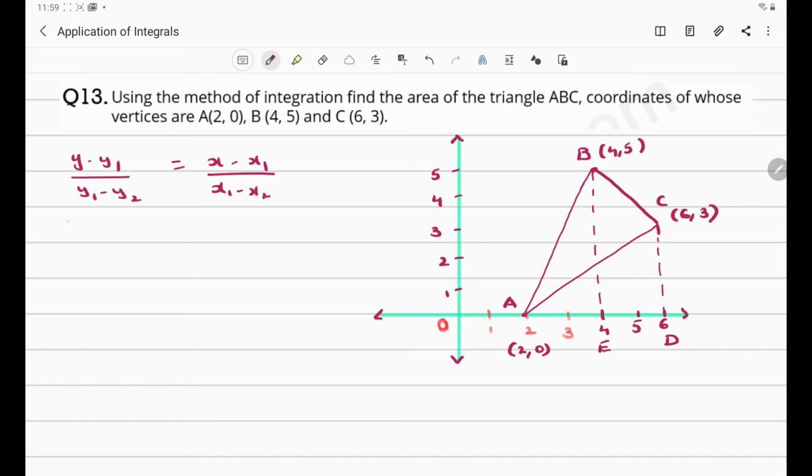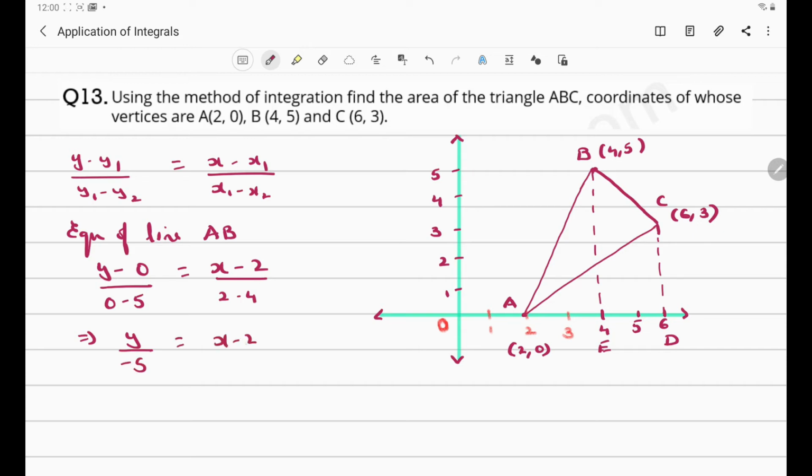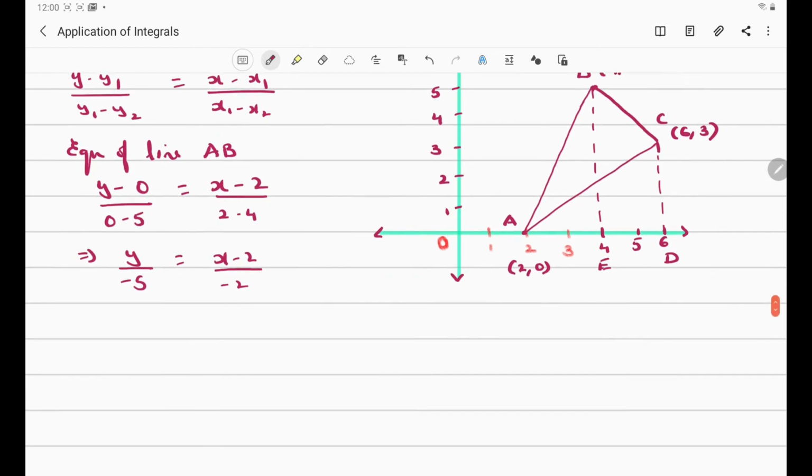So, let us find the equation of the line AB. The equation of the line through AB is given by y minus y1, y1 is 0, divided by y1 minus y2, that is 0 minus 5, is equal to x minus x1, x1 is 2, divided by x1 minus x2, that is 2 minus 4. So this implies y by negative 5 equals x minus 2 by 2 minus 4, which is minus 2, so the negative sign gets cancelled on both sides.